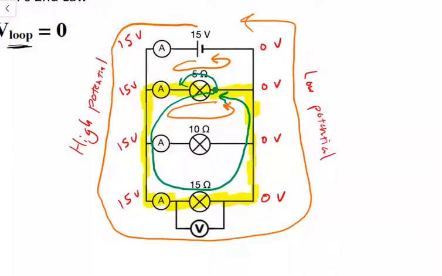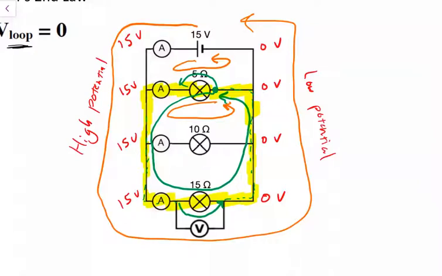So I'm going from low to high, I'm gaining voltage, in quotes. Then as I continue going around, I pass across this resistor, going from a high potential to a low potential, so I'm losing that 15 volts. And when I finish the loop, I should have 0 volts. I've gained 15 and lost 15.